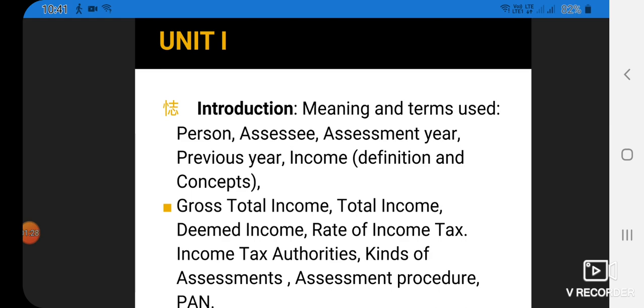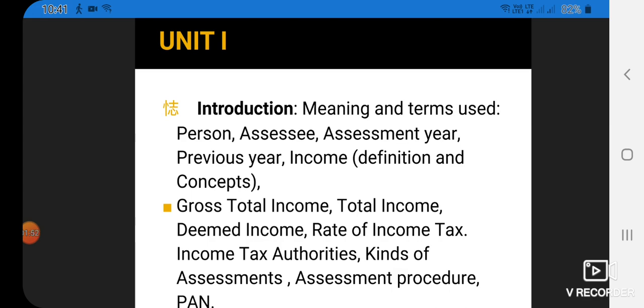Under Introduction, we are learning meaning and certain very important terms that we use while studying the subject income tax, such as person, assessee, assessment year, previous year, income, that is definition of income and concepts of income.